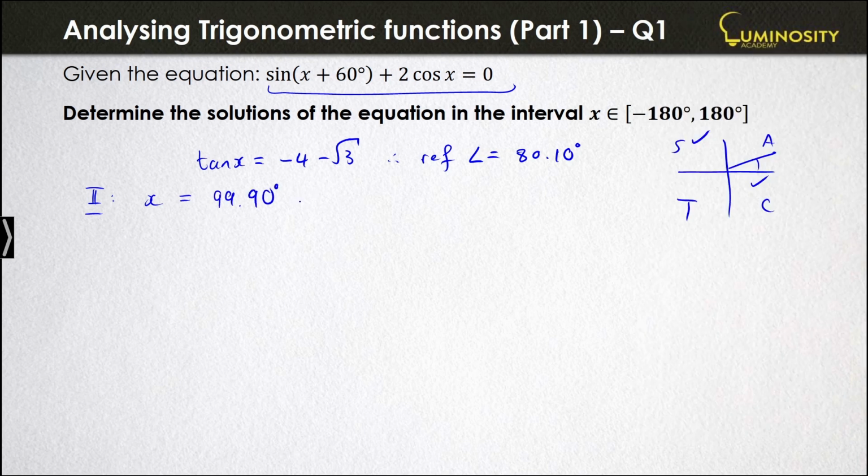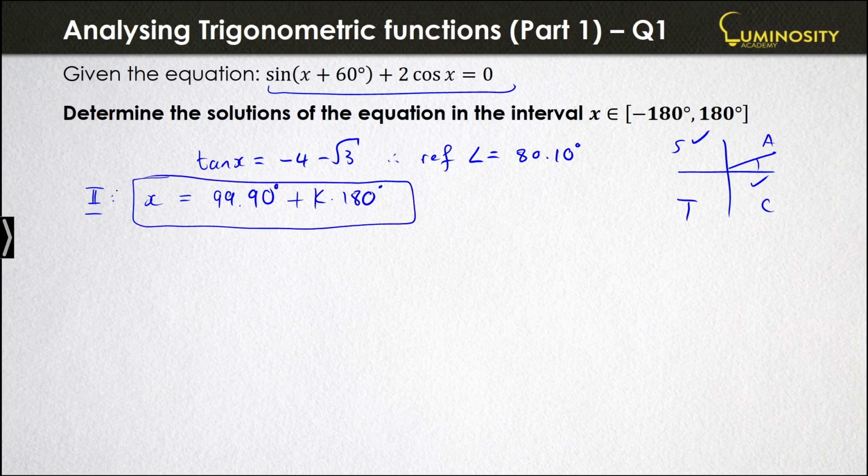Okay, so that's 180 minus the reference angle plus k times 180, because the period of tan is 180. We only need one solution when it comes to tan when we're solving general solutions. Because the fourth quadrant solution is just going to be 180 plus that, and we'll have that solution already encoded in this general solution.